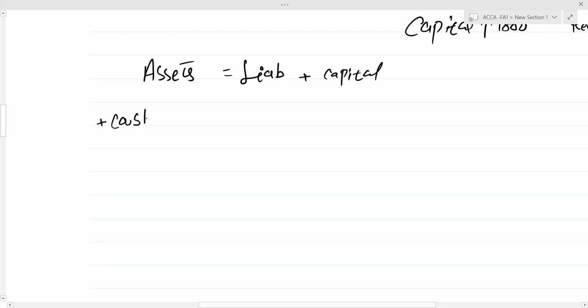If we go to the accounting equation, we have assets equal to liability plus capital. So in our example, there is an increase in assets, category cash, liability is 0, and capital is increased by 1000.